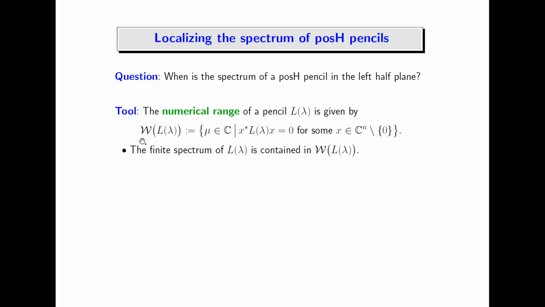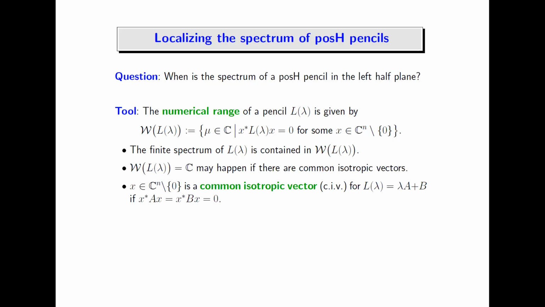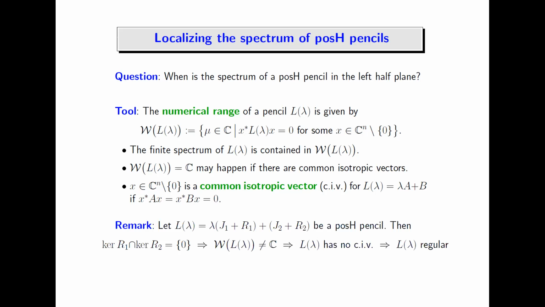And so if we can localize the numerical range in the left half plane, then also the spectrum will be there. One has to be a little bit careful here, because it may happen that this numerical range is the full complex plane. This happens if there are common isotropic vectors. Common isotropic vector means that this here is satisfied. So then in that case, one cannot say much. So the numerical range does not give much information.